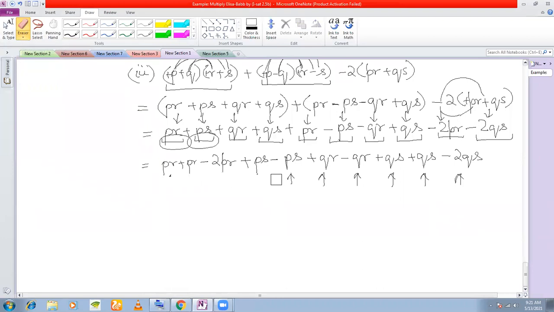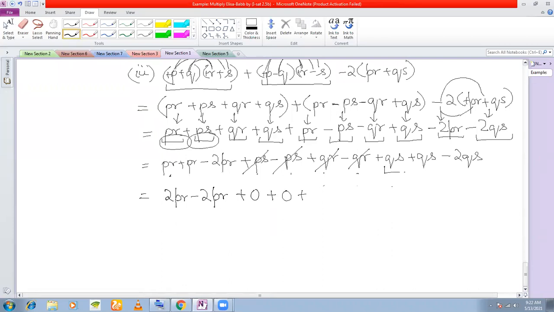Okay, now we'll simplify. We'll add or subtract the like terms. So what do I have? PR plus PR will combine to give you a 2PR, and you have a minus 2PR. Now see, plus PS and minus PS will cancel, right? To give you a 0. Plus QR minus QR will cancel to give you a 0.